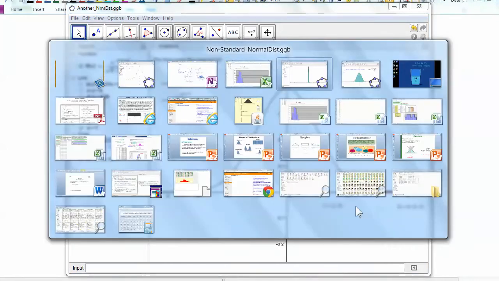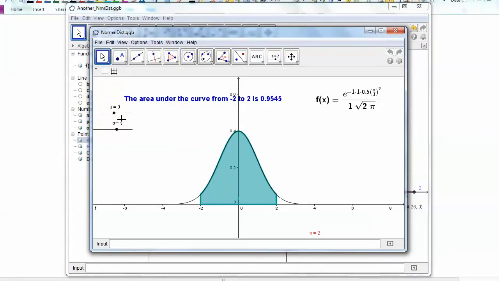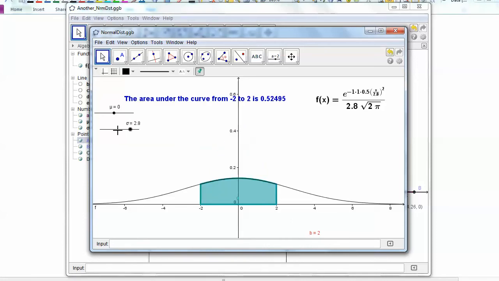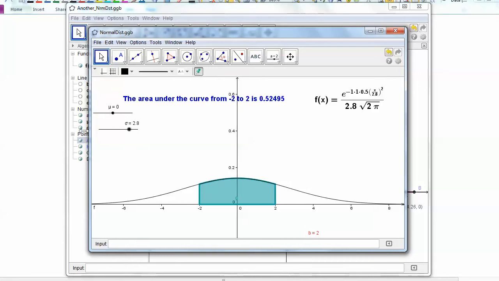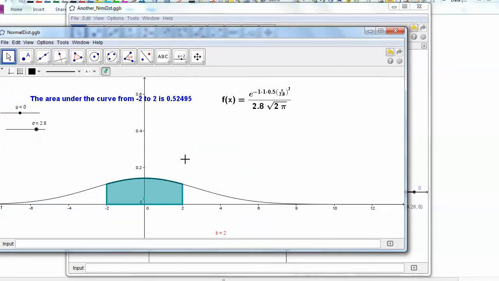Okay, let me see if I can go to this one. Yeah, this one probably will move when I move it. So as I move the standard deviation, you can see that if the standard deviation gets bigger, then the variation widens, the spread will get bigger, right?